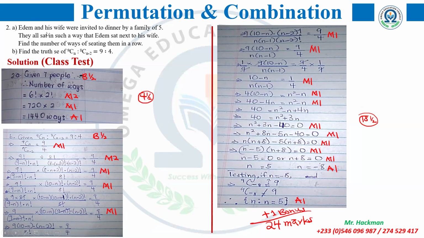We are told Adam and his wife were invited to a dinner by a family of 5. So if you add Adam and the wife, you are going to have 7 people. They all sat in such a way that Adam sat next to his wife. Find the number of ways of seating them in a row.